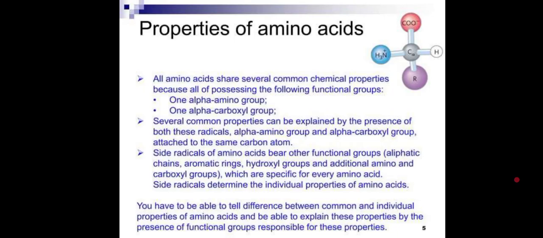It's also good for you to know the symbols used for these amino acids, so that when these symbols are given, you can tell which particular amino acid is being talked about.